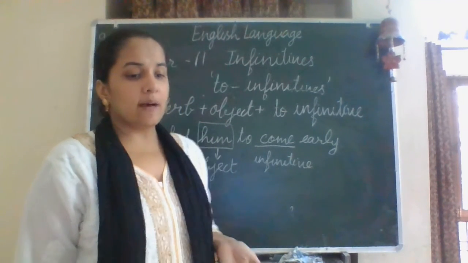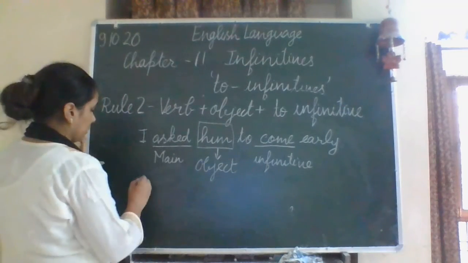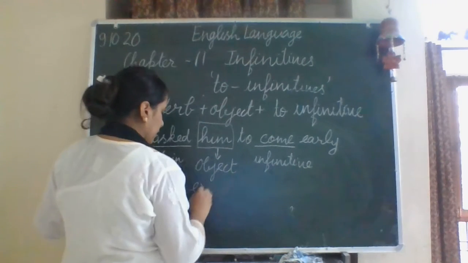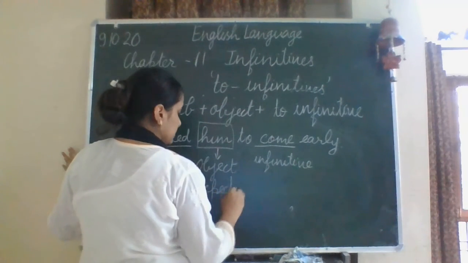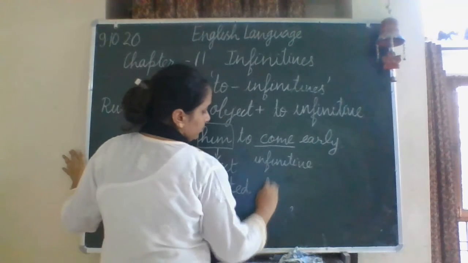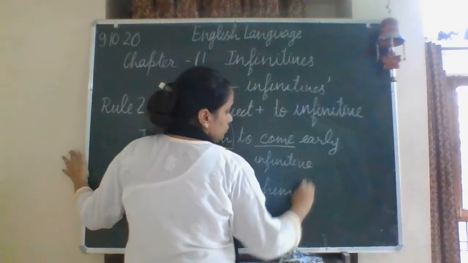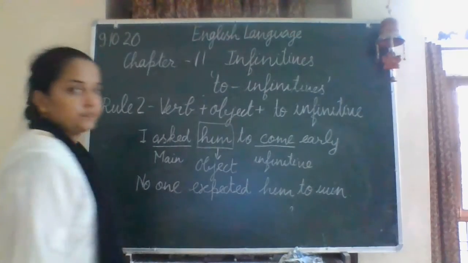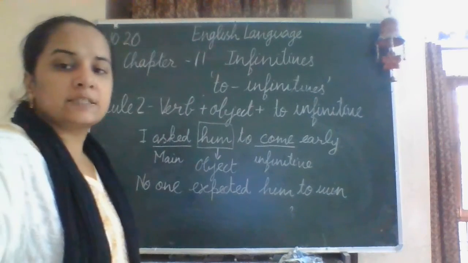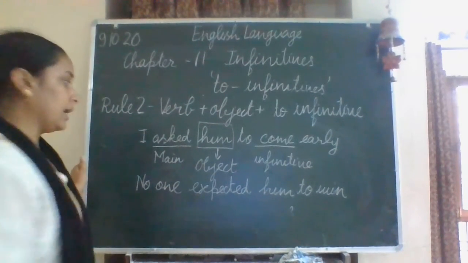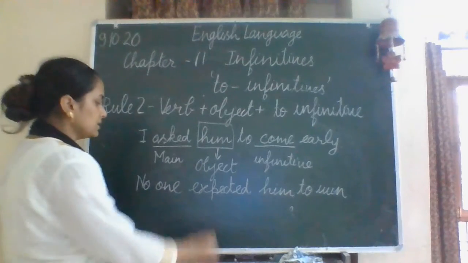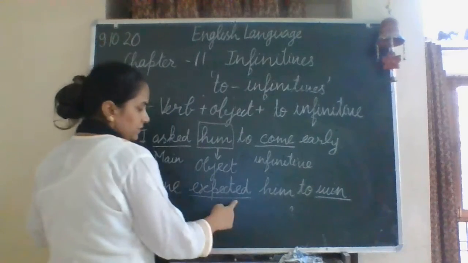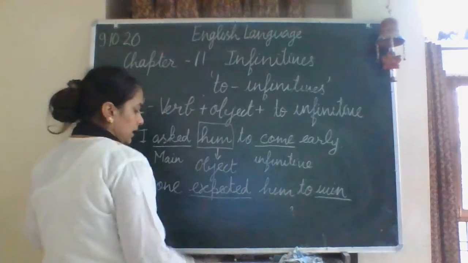Let's take one more example. No one expected him to win. Again, in this sentence, the main verb and the infinitive: this is the first verb, this is the second verb.